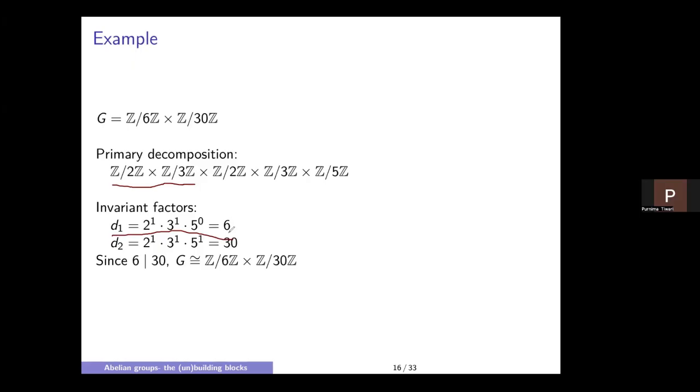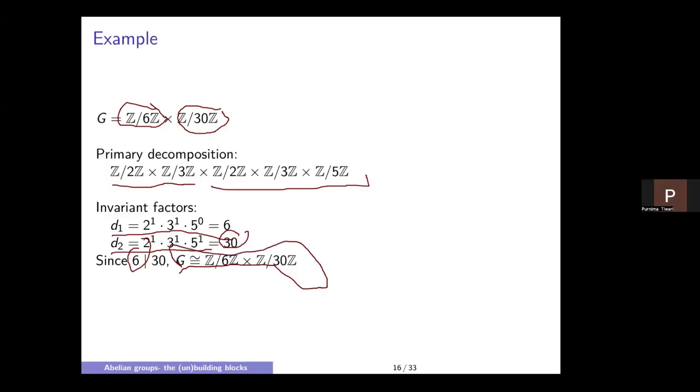Since there is no component of 5, we get 6 for the first one. And then for the second part of it, we have 2 to the power 1, 3 to the power 1, and 5 to the power 1 taken from this, which results in 30. Now, since 6 divides 30, we can express it as the direct product of these. We must have written it like this. Sorry for that.